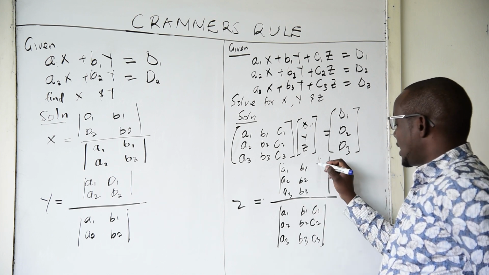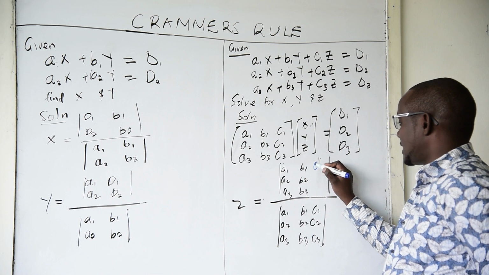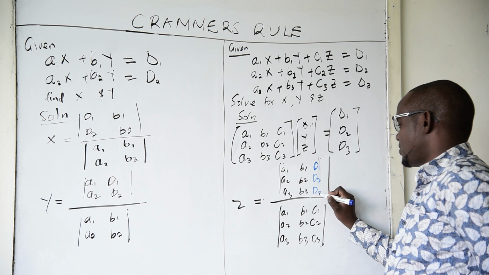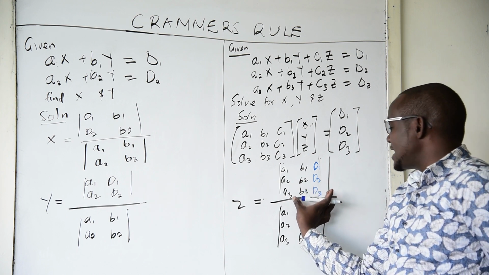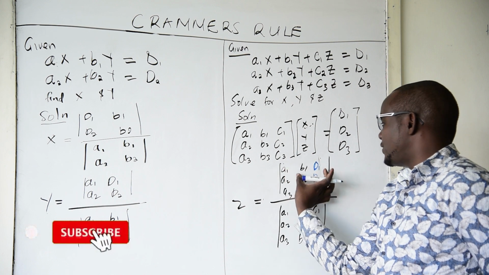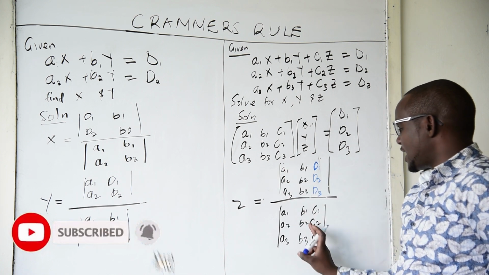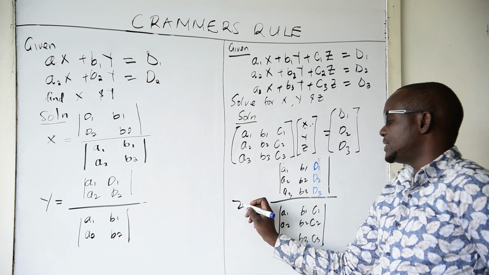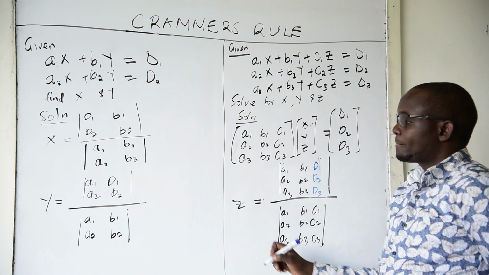The third column becomes D1, D2, D3. If you find the determinant of this matrix and you divide by the determinant of this matrix, you will get the value of z.